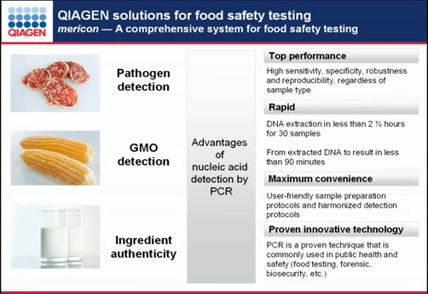It's only the processing that becomes the important part. It's rapid. DNA extraction from your food can be in less than 2.5 hours for 30 samples. The time for result from extracted DNA to your PCR information is less than 90 minutes. It's user-friendly, with sample preparation and harmonized detection protocols, and it's a proven innovative technology that's used in many public health and safety arenas such as forensics, biosecurity, food testing, and so on.